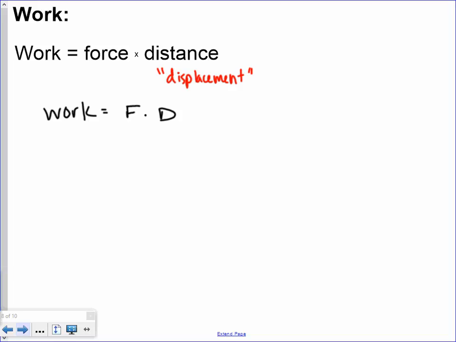So if I am going to push a table across the room, I would only want for force the horizontal component of my vector, because I'm moving the table horizontally across the room. If I were lifting books from the floor, then I would use only the vertical component of my force, because my displacement is vertical.